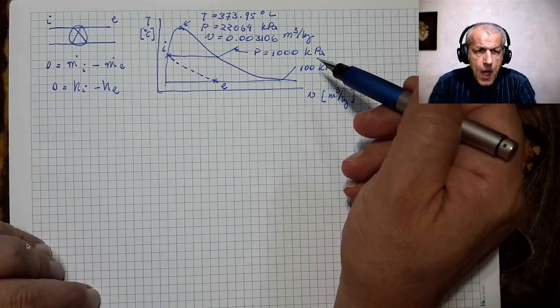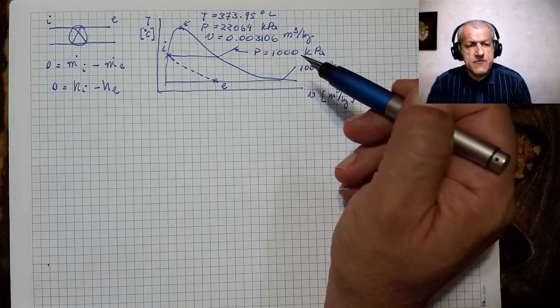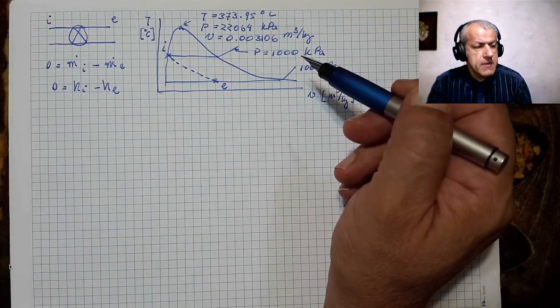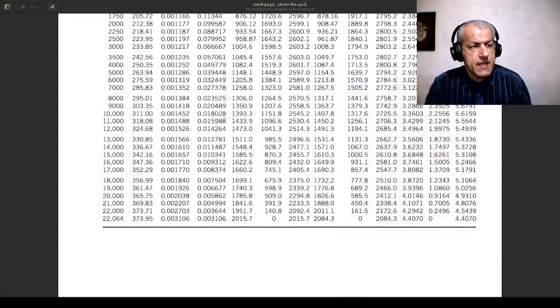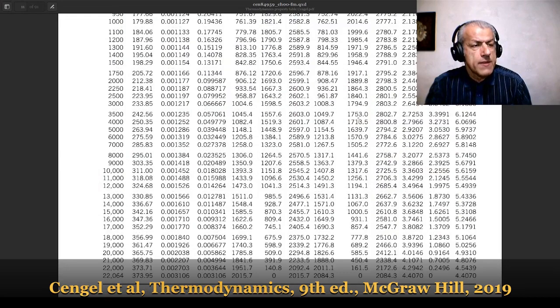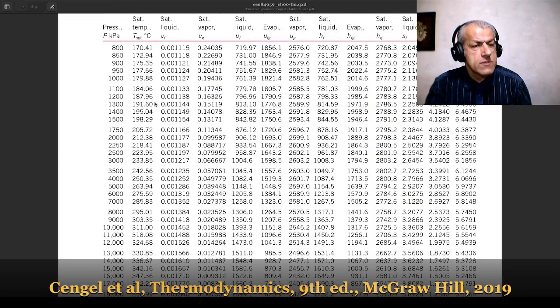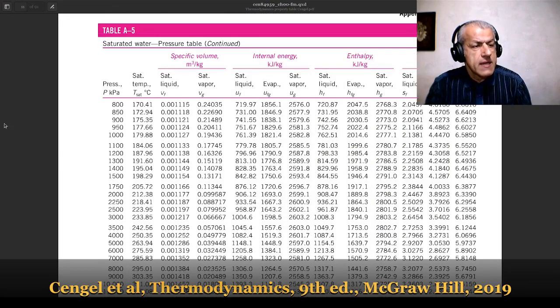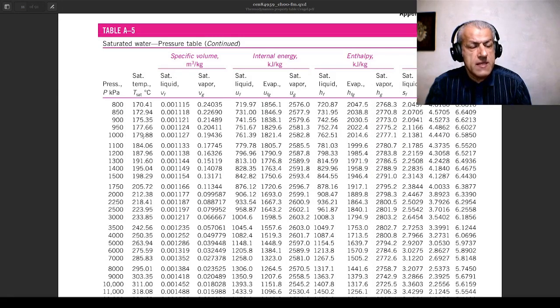So I would read the properties from the tables, and this is the table I'm looking at, where the 1,000 kilopascals line is here. This is the 1,000 kilopascals line.